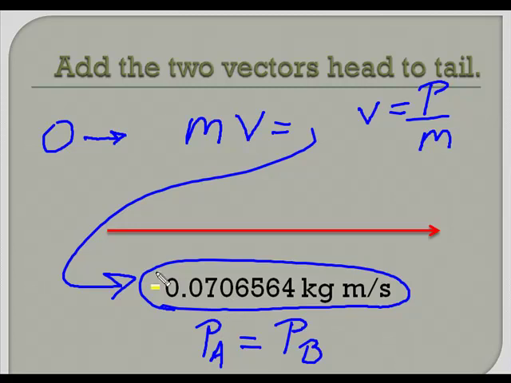So when you work that out, you take that long number, put it in for P, take the 0.9 kilograms for the mass, and you will find that the velocity in our final answer is 0.079 meters per second.